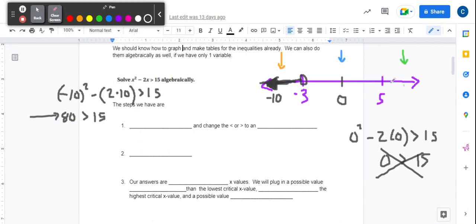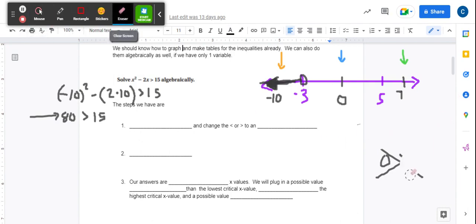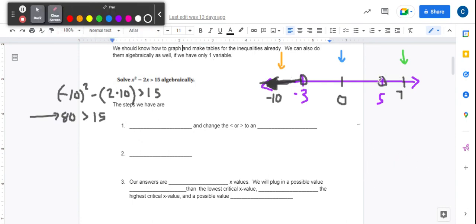Let's choose a number greater than 5. Let's say 10. Actually, let's do 7. It could be any value greater than 5, it doesn't really matter.